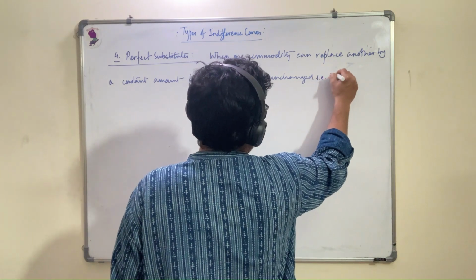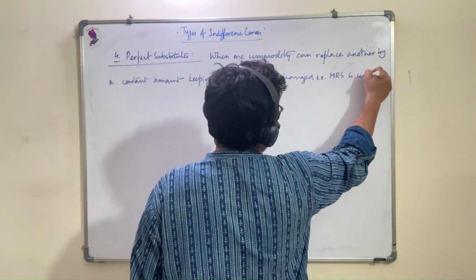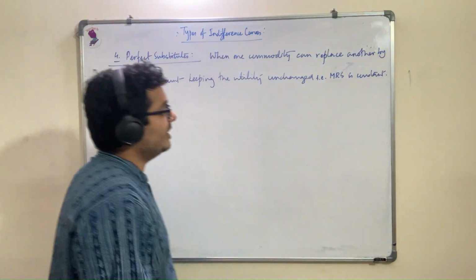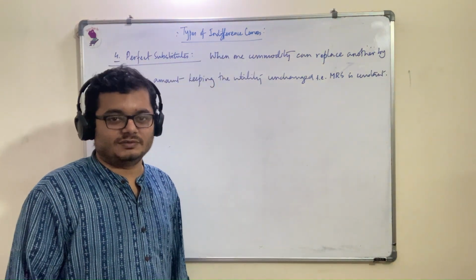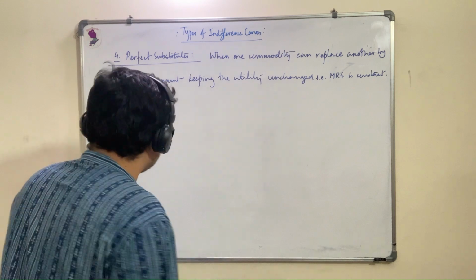Which basically means that MRS is constant. So that means for perfect substitute, our law of diminishing MRS doesn't hold.